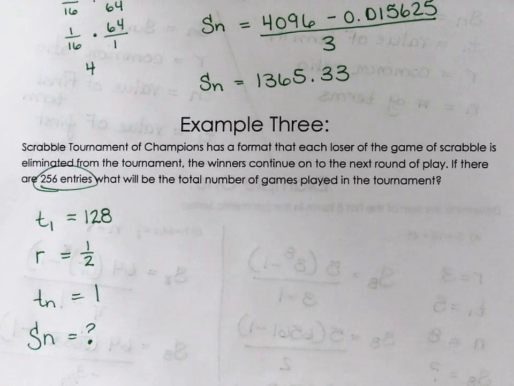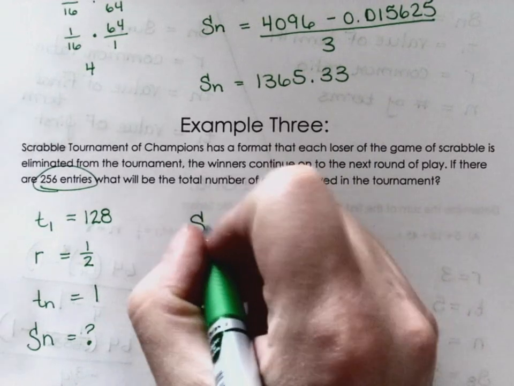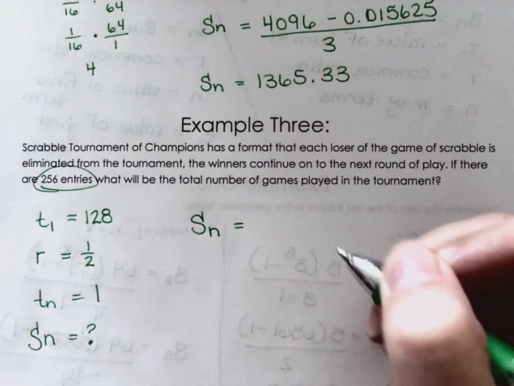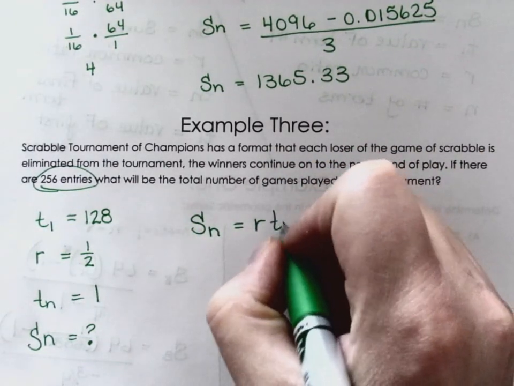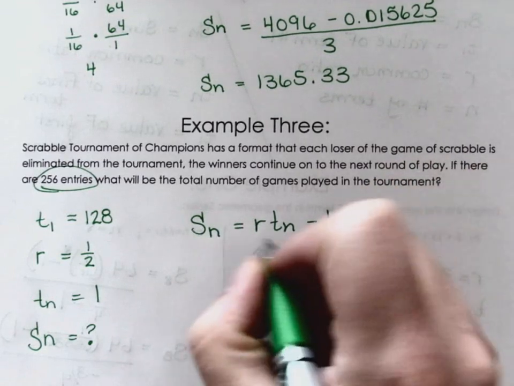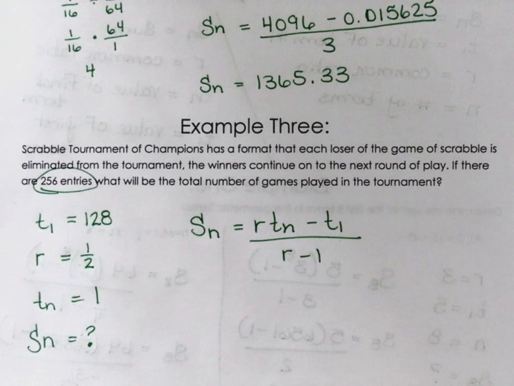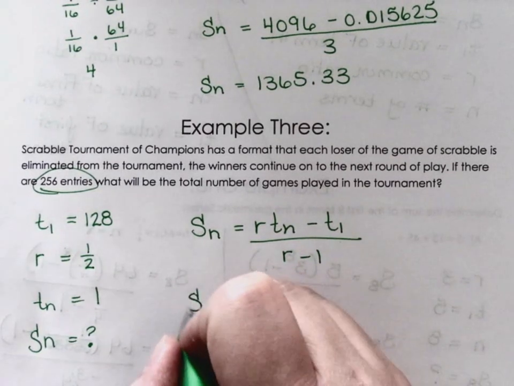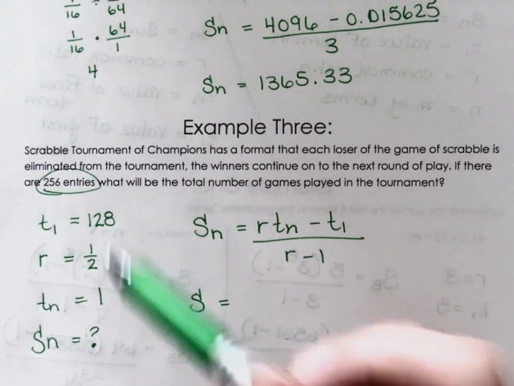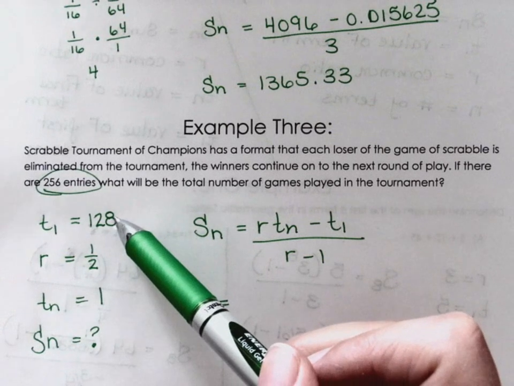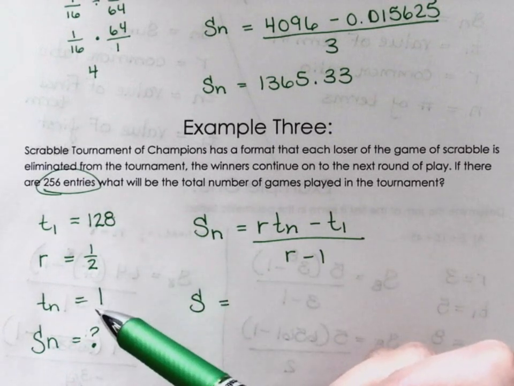We're still doing option 2. This one we don't need N if we have TN, which we know. So we know that there'll be 128 games played at first, and in the end, there'll only be 1 game.